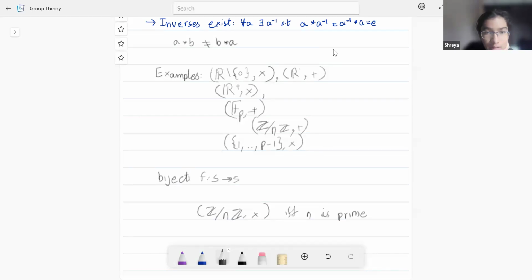Okay, but the key point is that a primitive root exists mod p. We know that already. So this set is basically just, if g is the primitive root, then you can think of this as g raised to 1, g raised to 2, up to g raised to p minus 1. And then we're just multiplying them, which means we're adding the exponents.